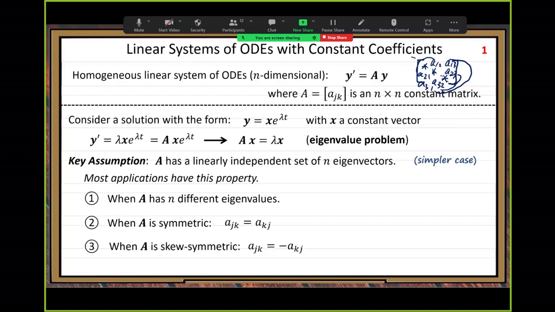Right. 1, 2, 3, automatically we have this condition. If you have any one of the 3 cases, we automatically have our assumption condition. That's simple. But that may not be 100%.